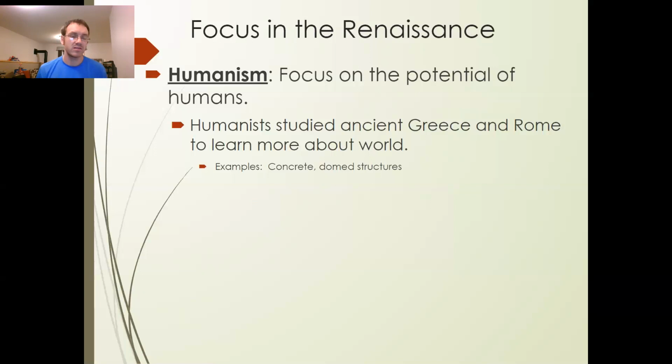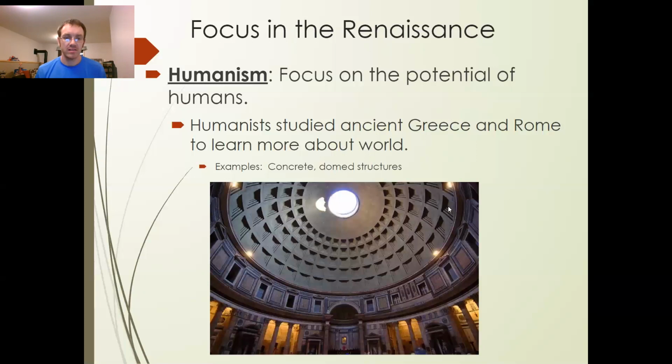And people going back to look at scrolls, to look at documents, to analyze buildings and stuff, figured out how to do it again. A classic example of this is the Pantheon made by the Romans to honor their gods. And you had two things going on here. You had this concrete that it's made of, and then you had a dome structure. And for a very long time period, they didn't know how to make a dome.